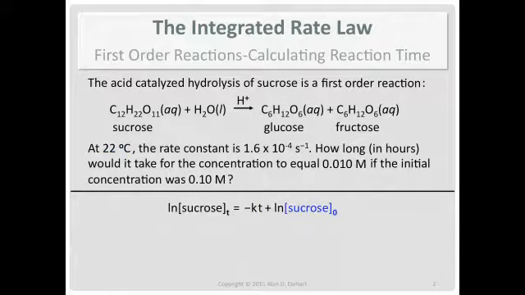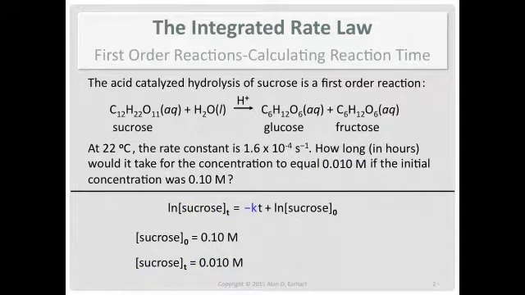Well, now we need to pull all the information out so we can set the problem up. So we'll grab the initial concentration. We'll grab the final concentration. We need the rate constant.